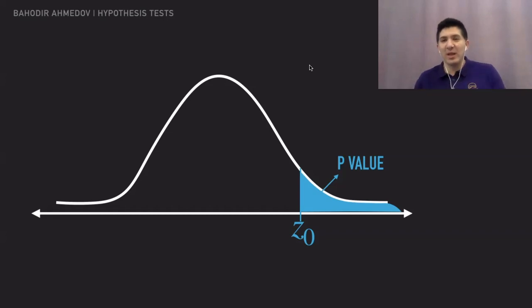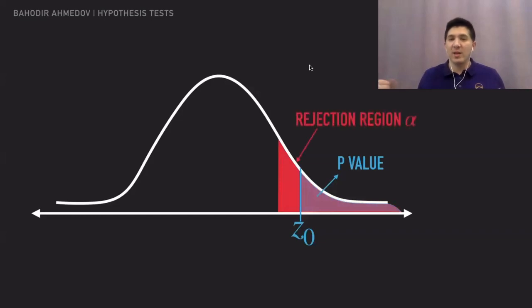The next step is comparing this p-value with the level of significance, right? The level of significance in this case is also an area on the right tail. So we are comparing this blue area with the red area.